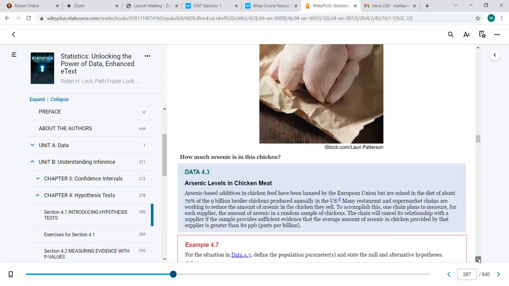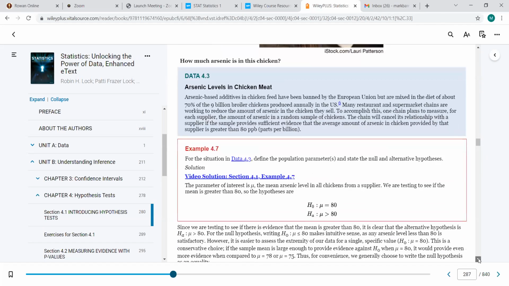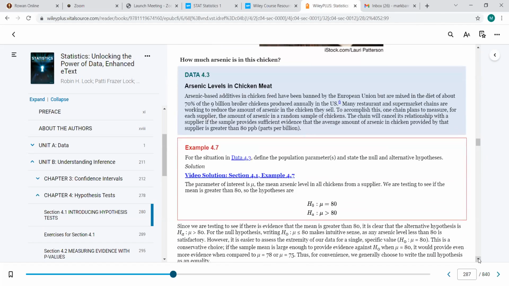Okay. Now, here's another example of a study. This has to do with arsenic in chickens.